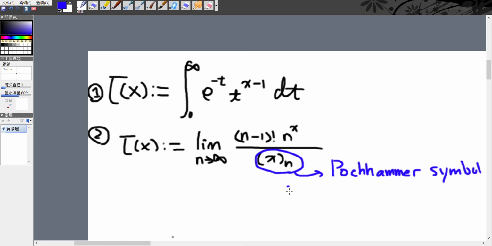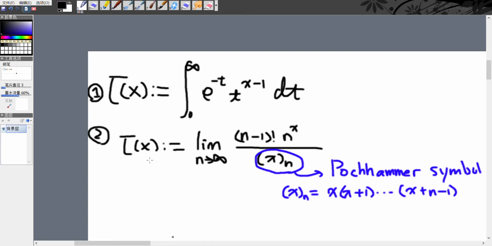And it is defined as x times (x plus 1) all the way to (x plus n minus 1). So it's like an ascending factorial of x until the total number of multipliers equals n.